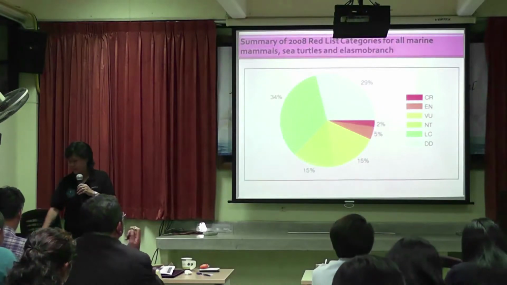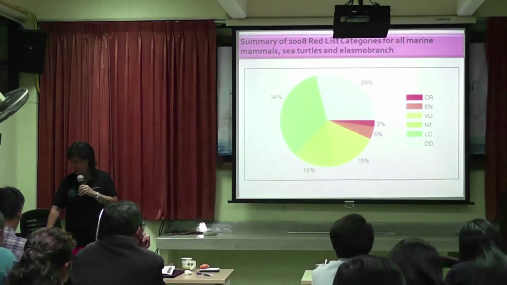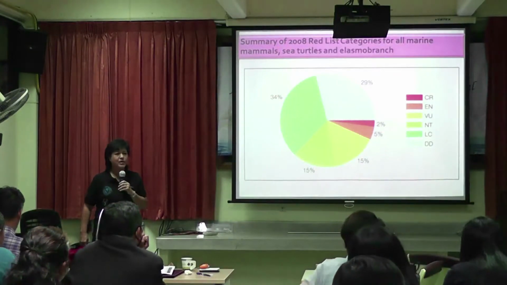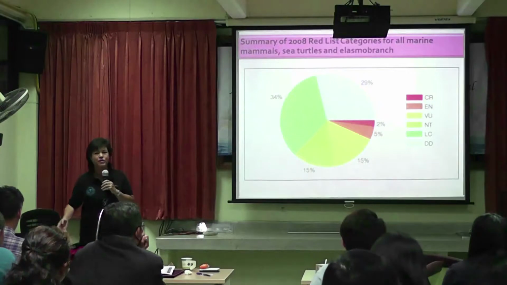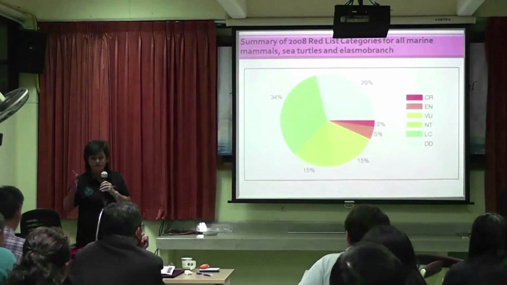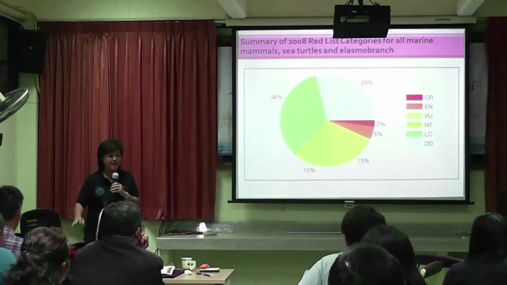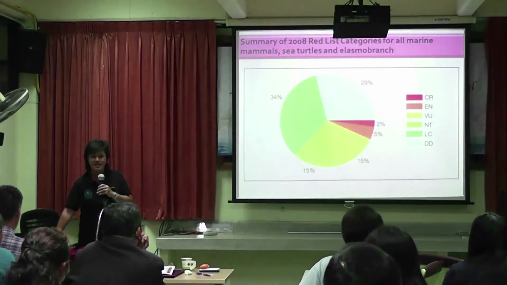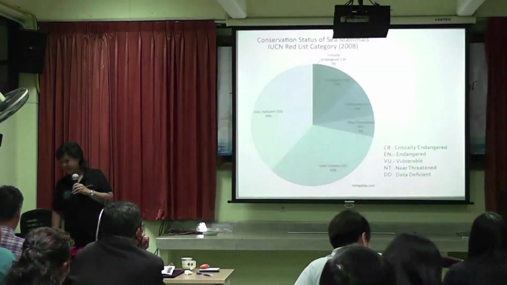And the last one is data deficient. So as you see, for 29% we have no data on whether they are extinct or not. For example, the freshwater giant stingray that we've been working with, Himantura chaophraya, basically no data, because the people who work with them don't like to write. For example, me.